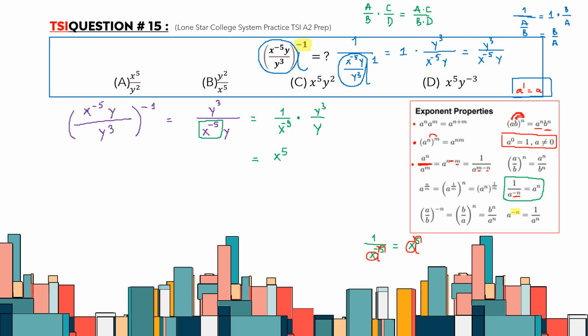Multiplied by y cubed over y. We can rewrite y as y to the power of 1, and use the blue formula.